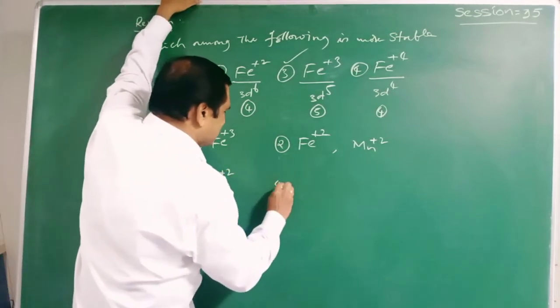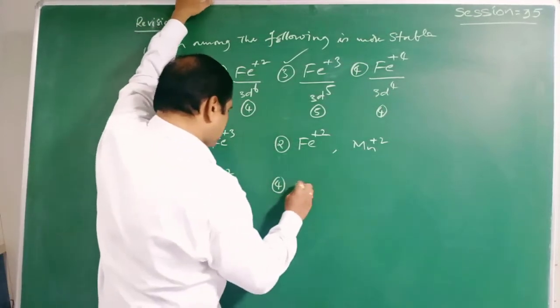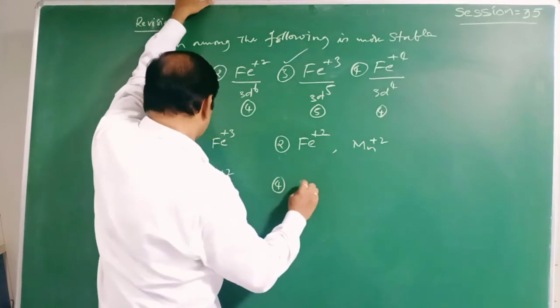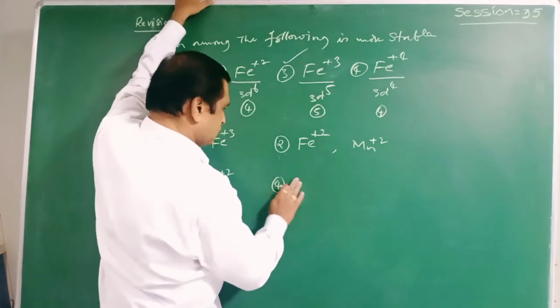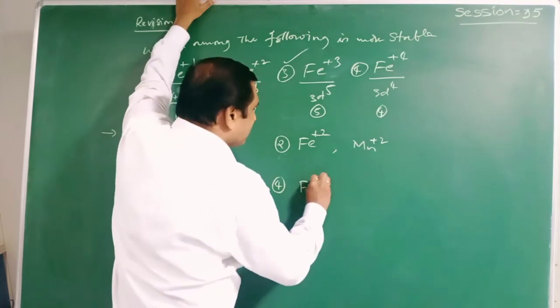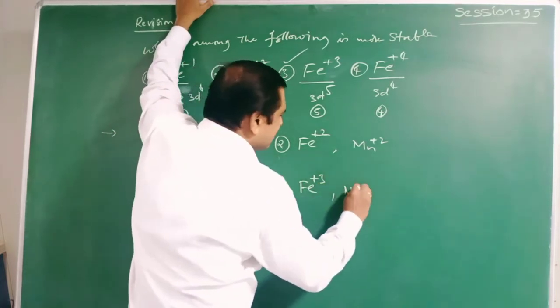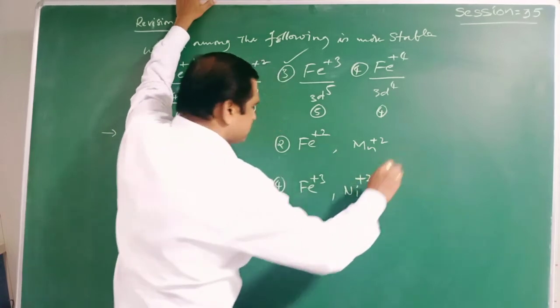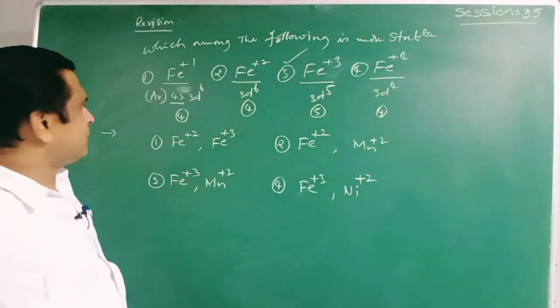Coming to the fourth option, Fe plus 3 and nickel plus 2. These are the 4 options given.